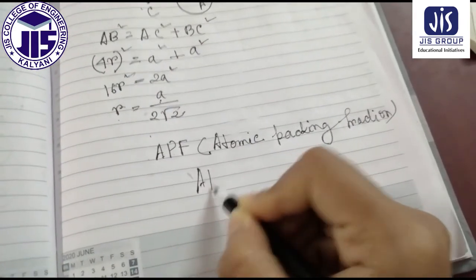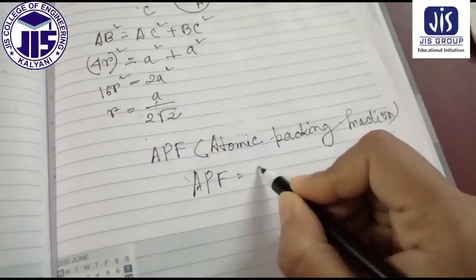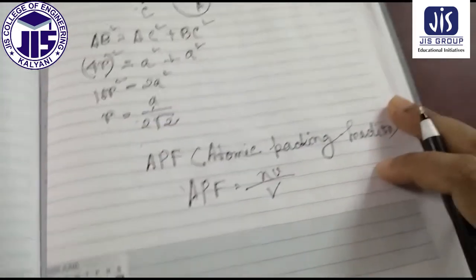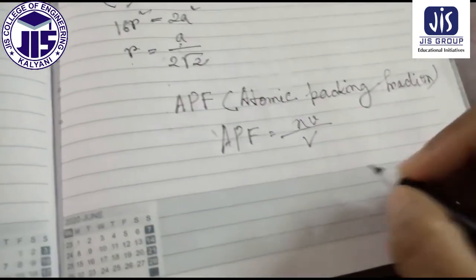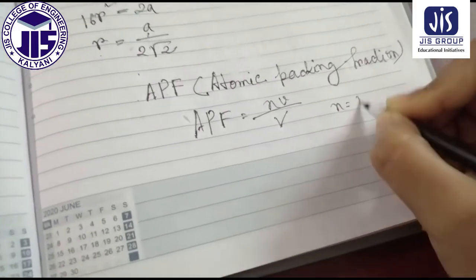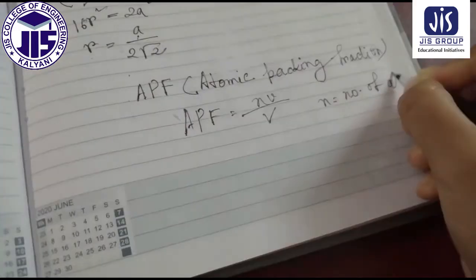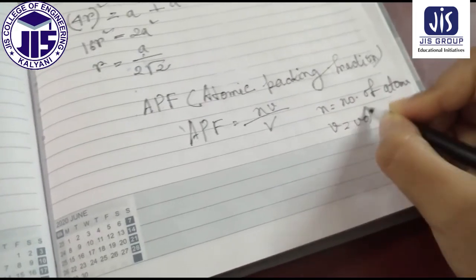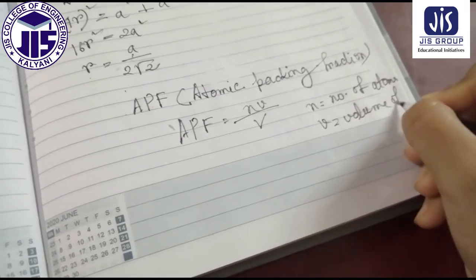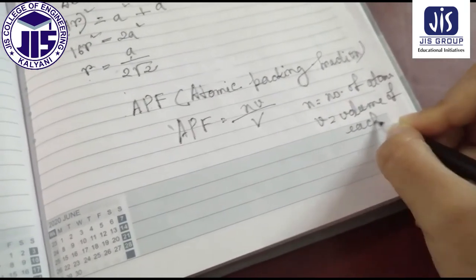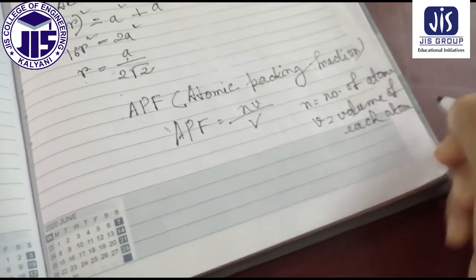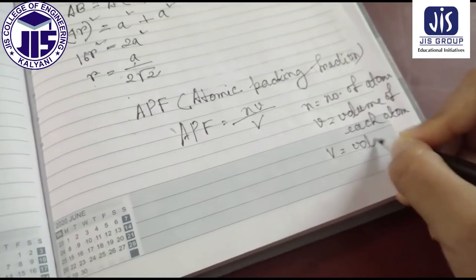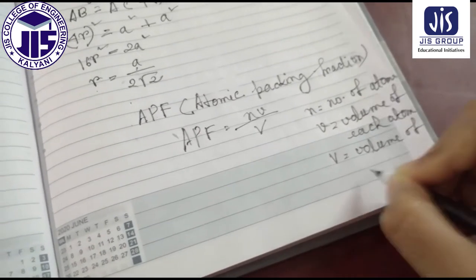APF equal to small n small v by capital V. So small n equal to number of atoms. Now small v equal to volume of each atom. Capital V equal to volume of unit cell.